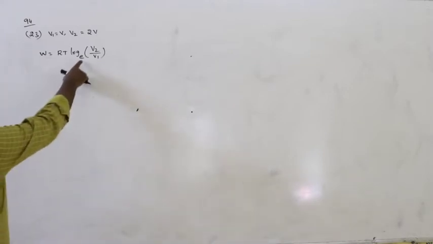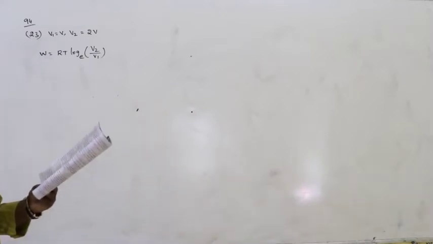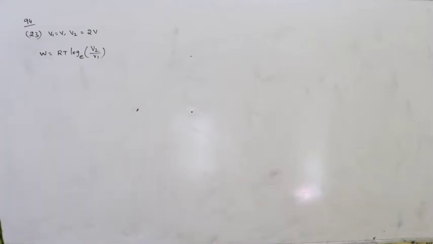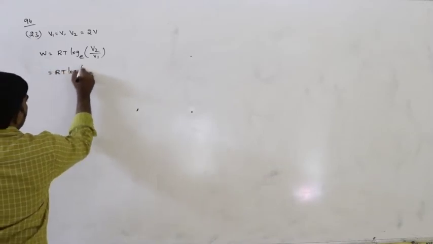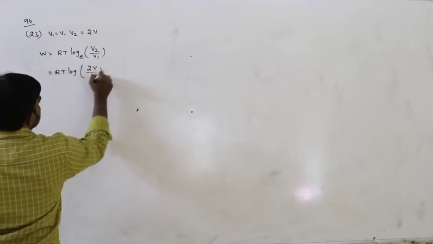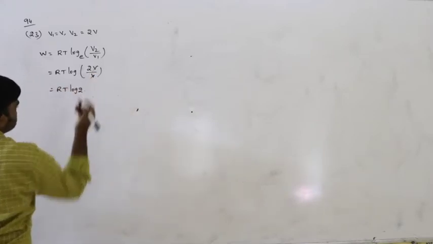If it is base 10, then we must write 2.303. But here the option is in RT, so no need to write that. So that is equal to RT log, V2 is 2V, V1 is V. So that is equal to RT log 2. That's all.